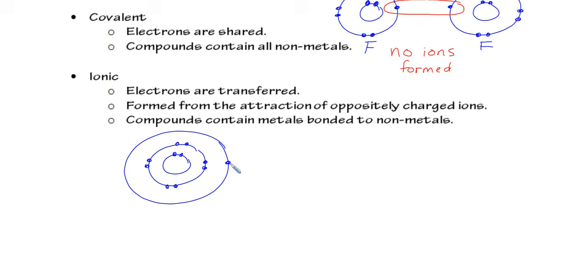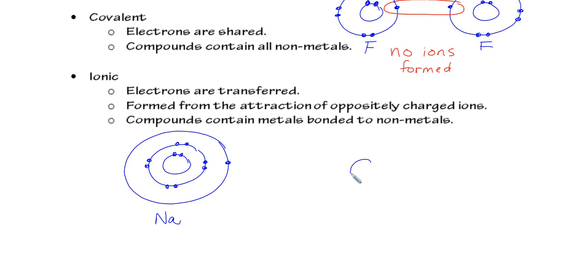There's one more for 11. Here's sodium. Sodium atoms are neutral. They would have 11 protons in the nucleus, which we don't really care about when we talk about bonding. We're concerned with electrons. But we are not stable. We only have 1 electron in our outer shell. We would like a full outer shell, which usually means 8.